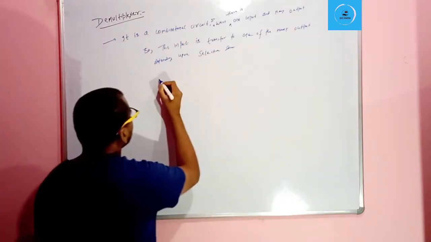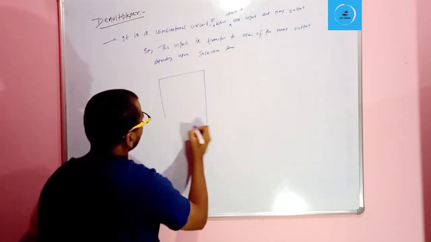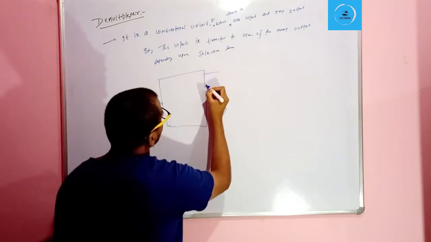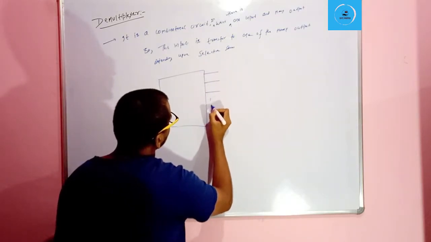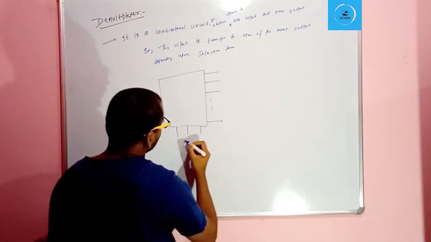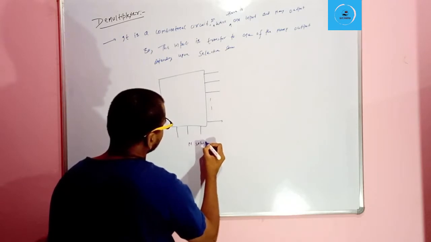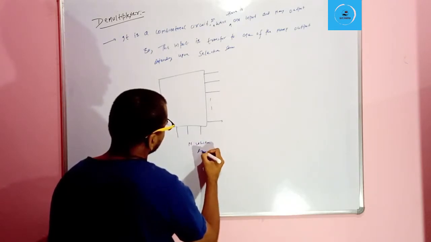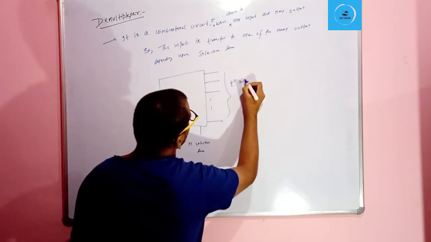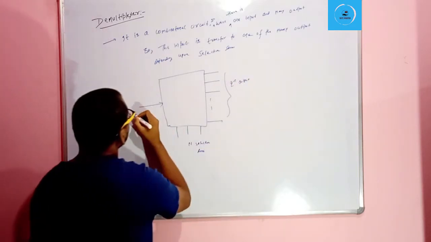So like this is the one input and here are many outputs, and here are the selective lines, okay. If there are n selective lines, there will be 2 to the power n outputs and only a single input.